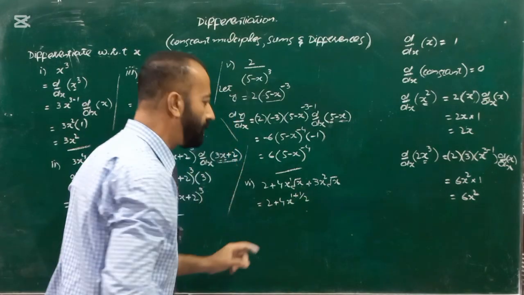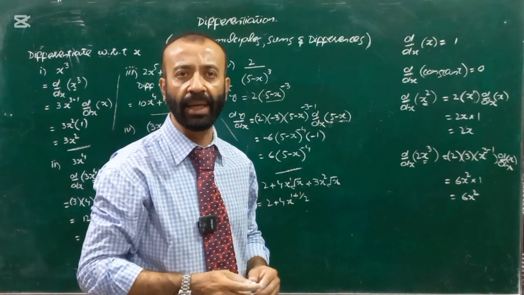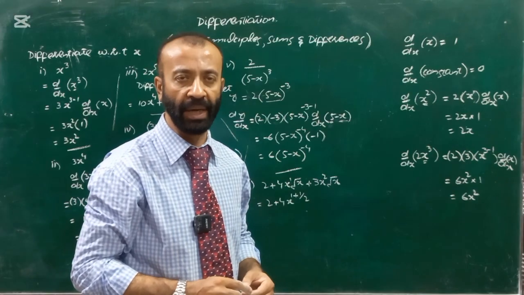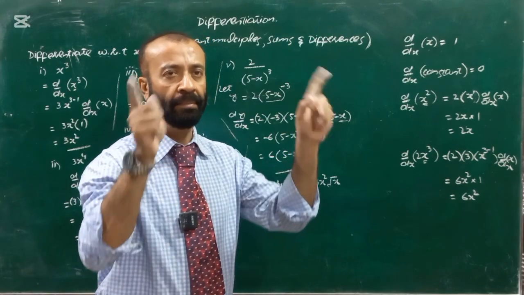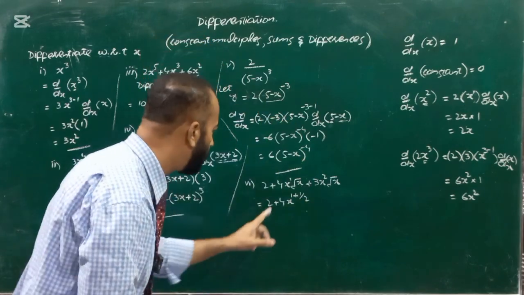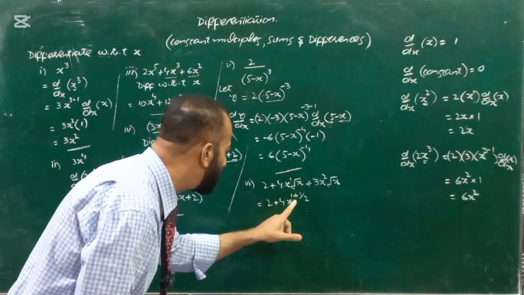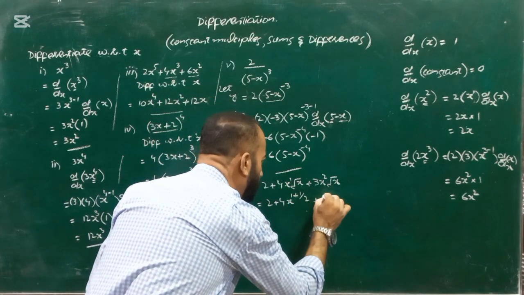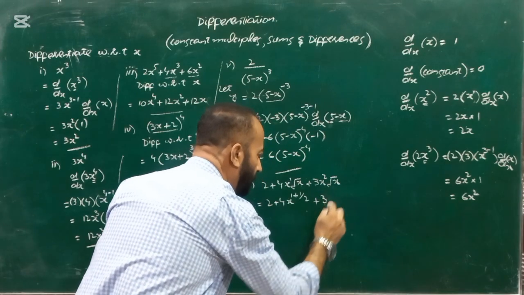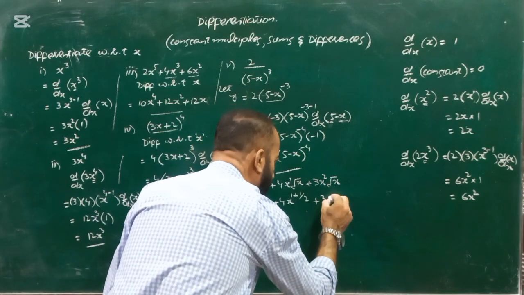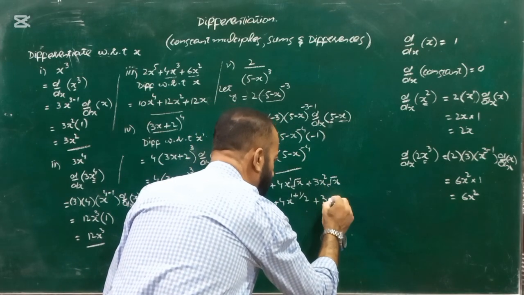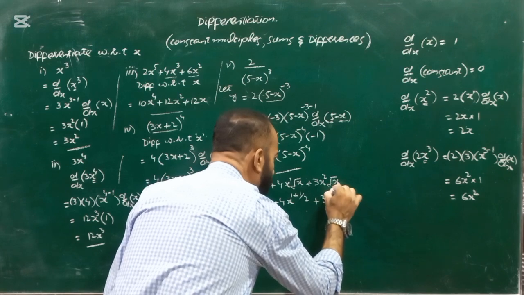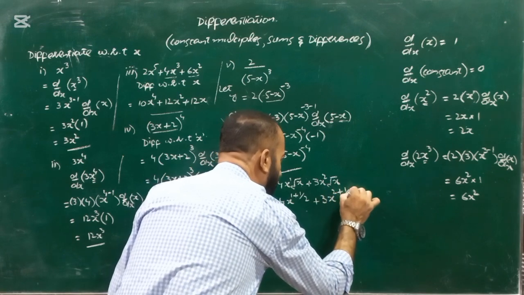So look now, this is another formula of algebra. When bases are the same, powers will be added. So look now, 1 plus 1 by 2. Moving further, the same method will be applied here. The bases are the same, powers will be added. So 2 plus 1 by 2.